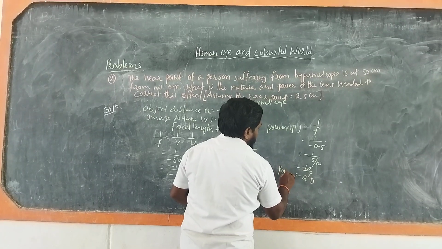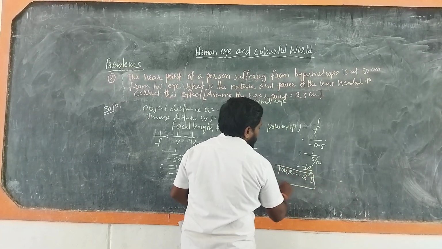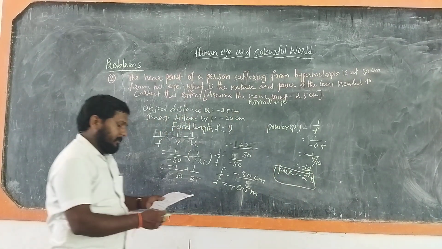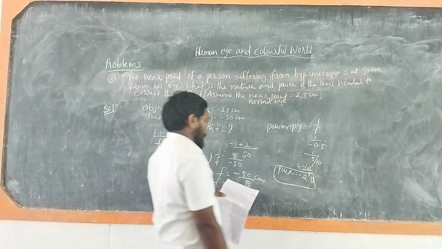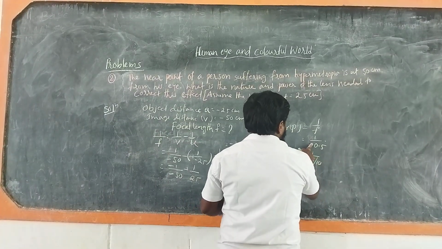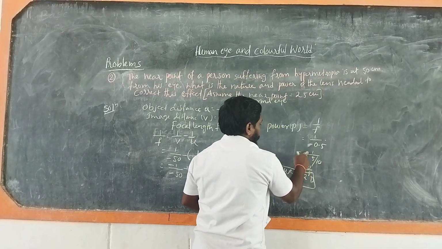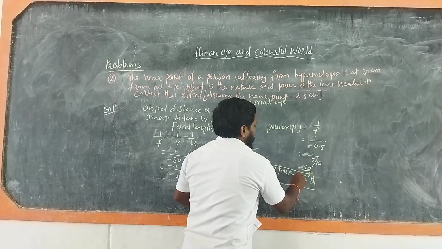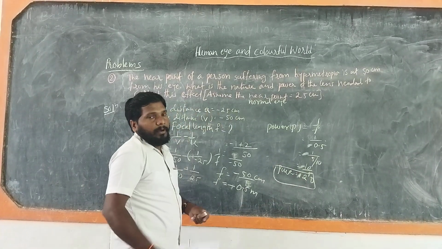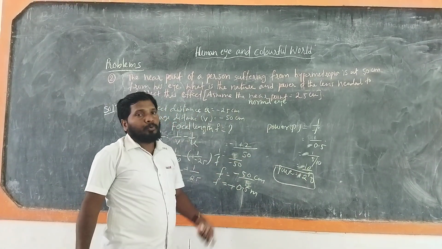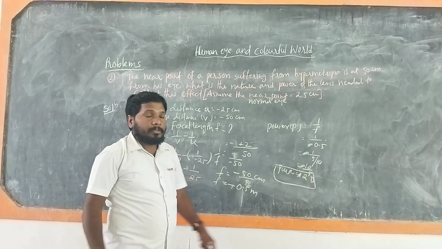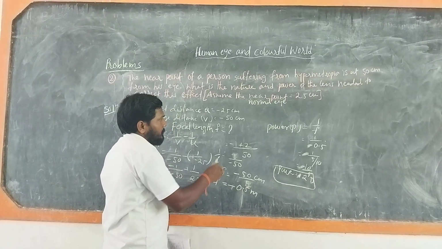So the power of the lens is plus 2 diopters. What type of lens do we have to use?